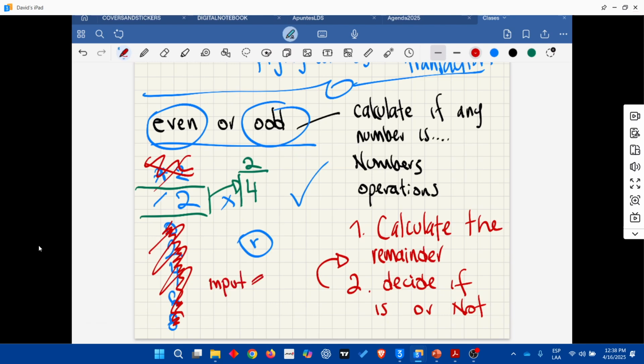That means which number we are going to check if it is even or odd. You are going to process the information, that means calculate the remainder. Then, taking a decision, you are going to send an output. Okay?